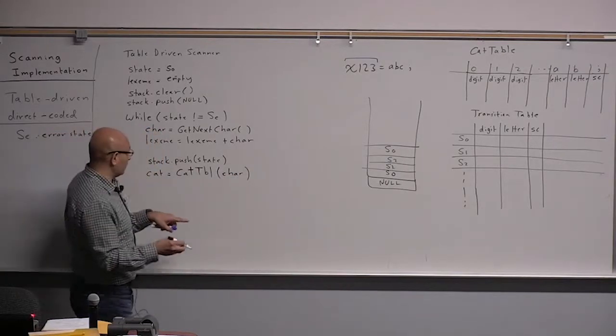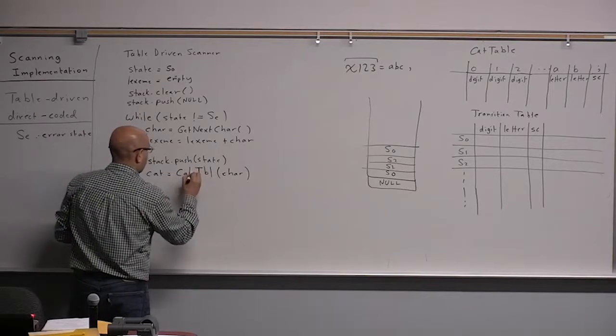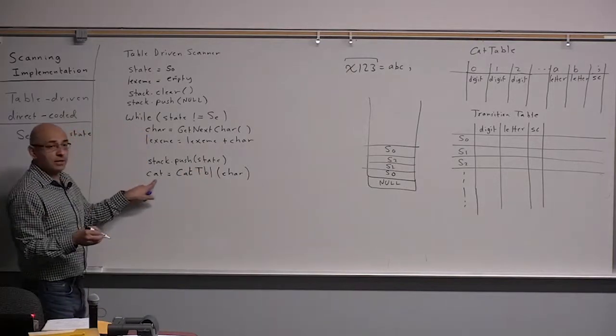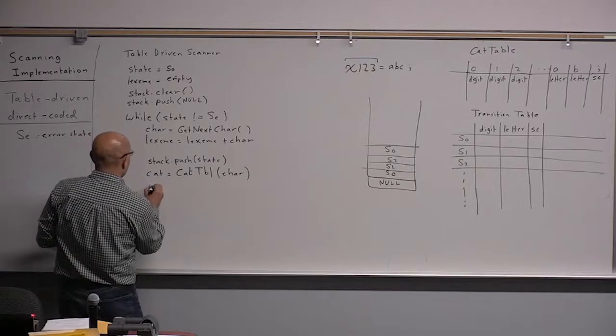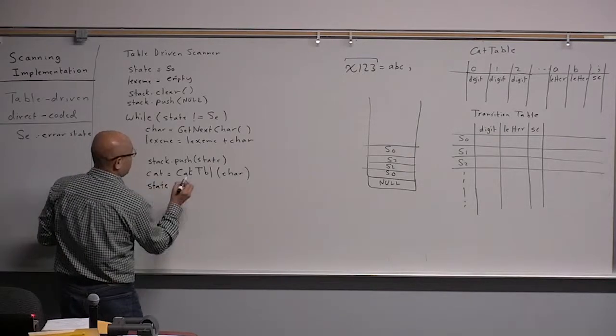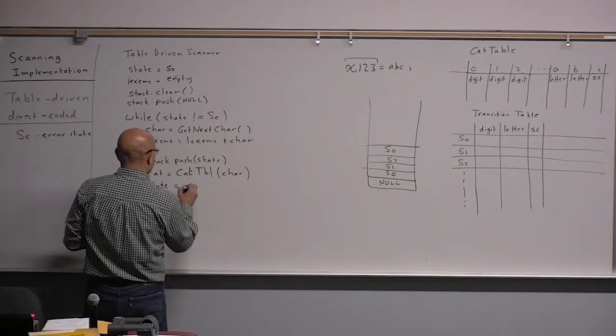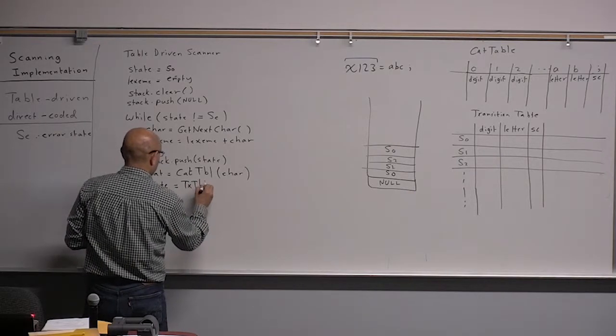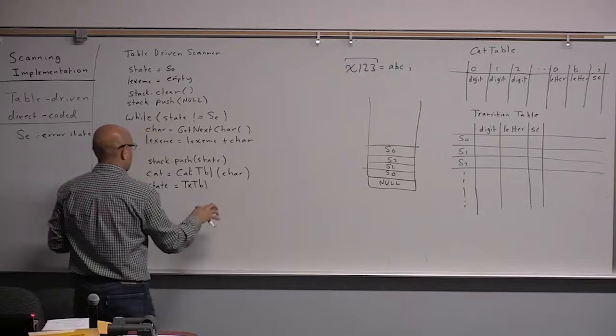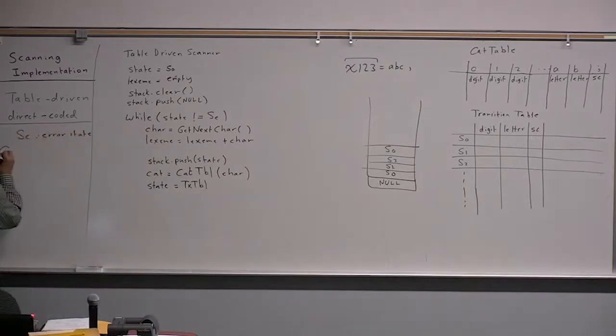Then what should we do next? Look up the category in the transition table. So our new state is going to come from the transition table. The cat table is the categorization table, and tx table is the transition table.